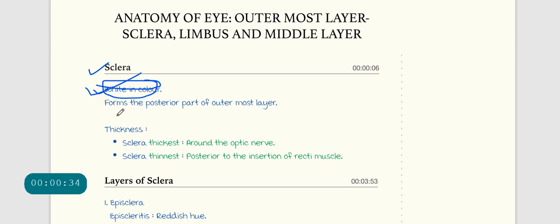Now, it forms the posterior part of the outermost layer, and we studied this before.